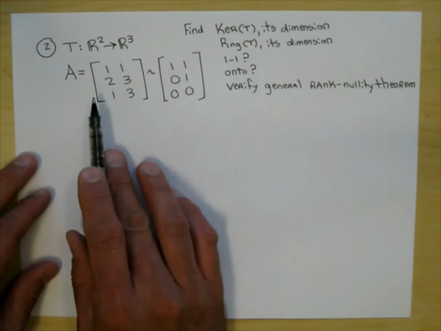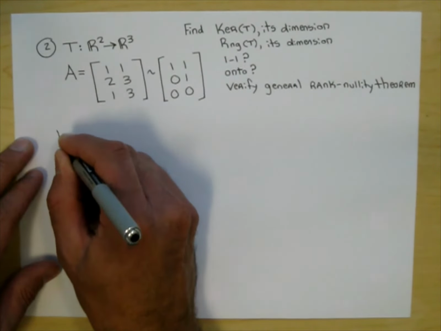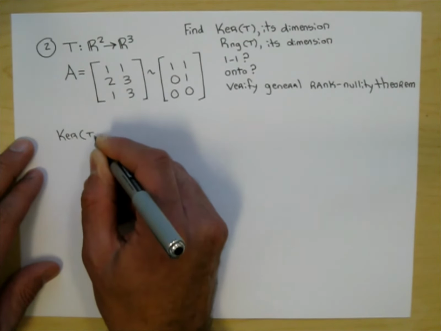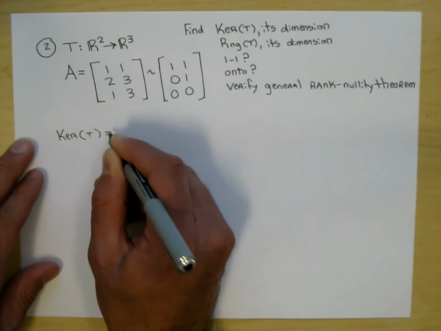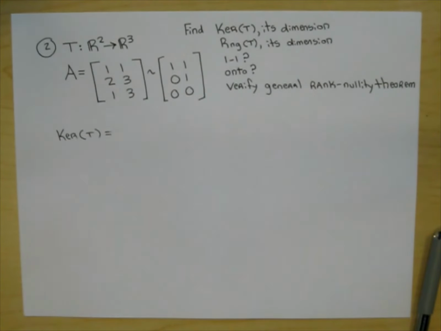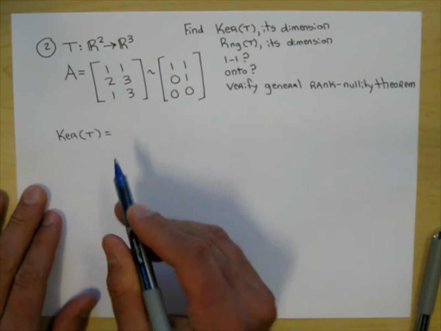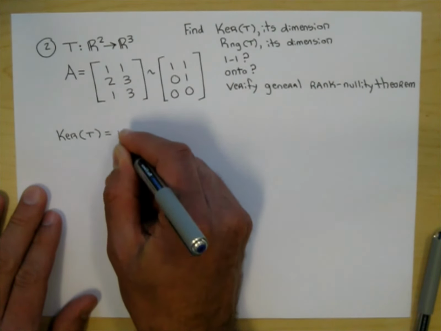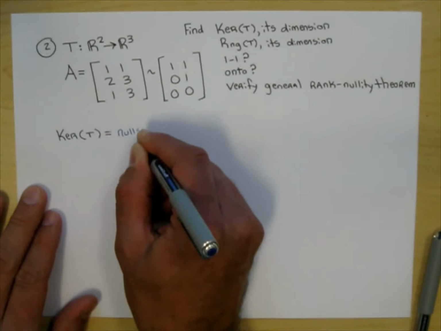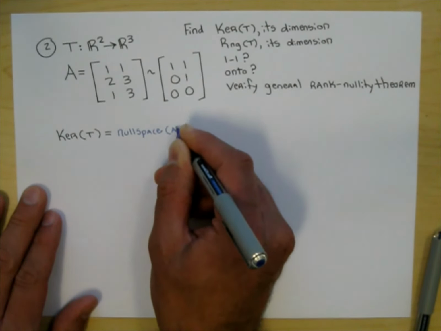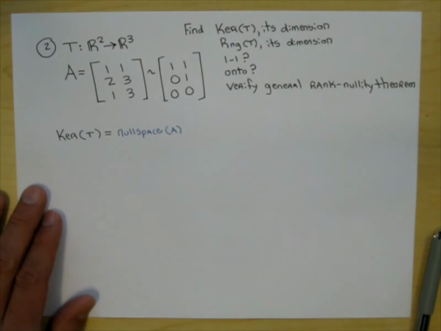Because now when I'm asked to find the kernel of a transformation, what I'm really finding, for this example, is the null space of A. That's what I'm finding.